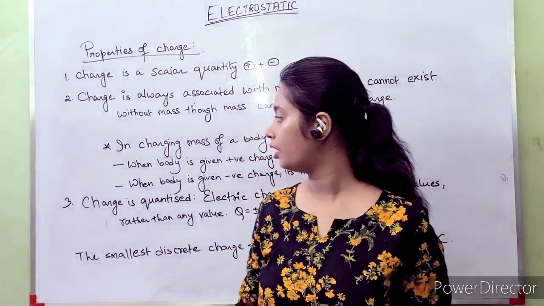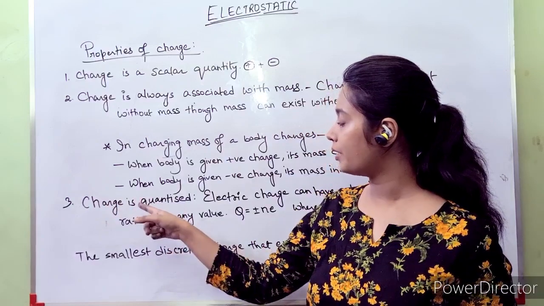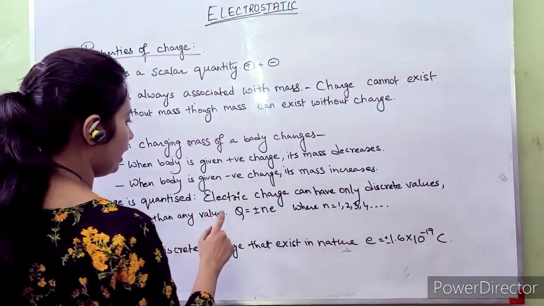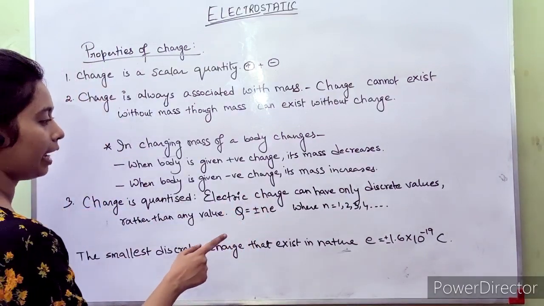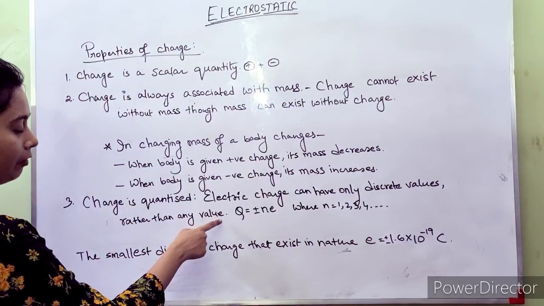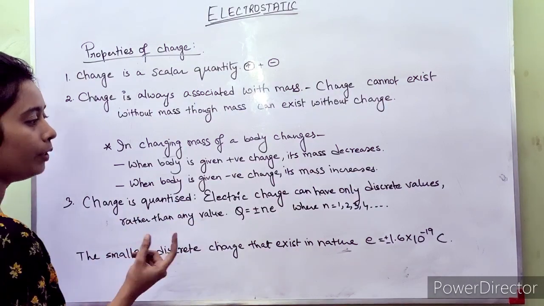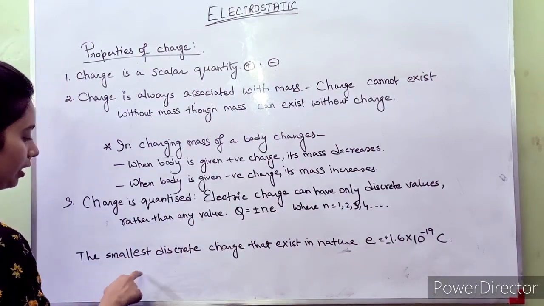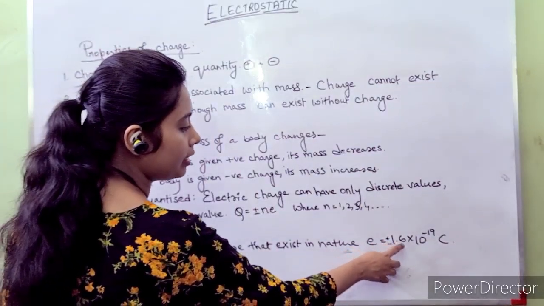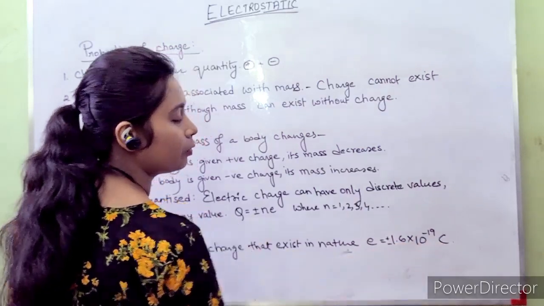Now the third point is charge is quantized. What do you mean by quantized? Electric charge can have only discrete values rather than any value. Which one is the discrete value? The smallest discrete charge that can exist in nature is 1.6 into 10 to the power minus 19 coulomb.